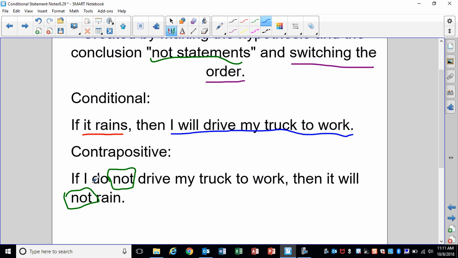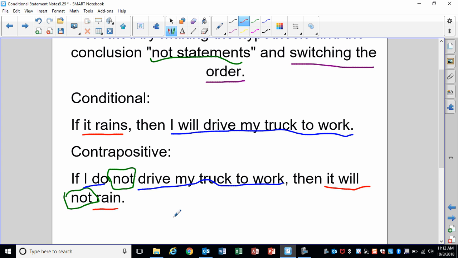So the blue came first, and the red came second, which is flipped from our original statement, but it is also negated with the not word.